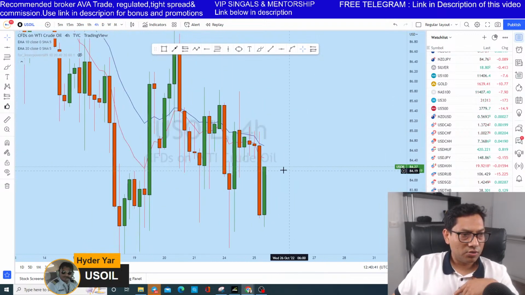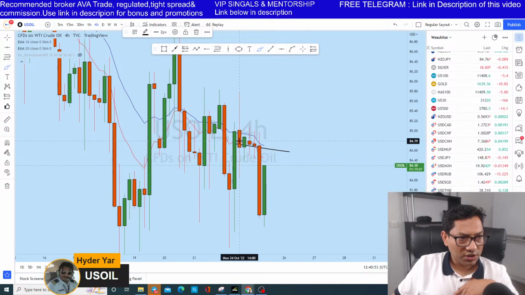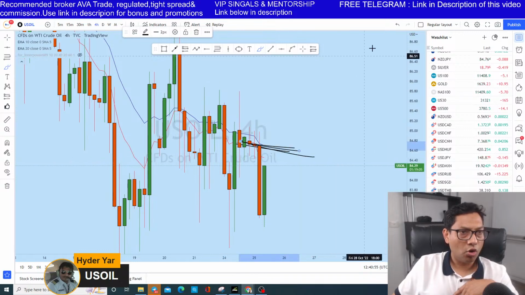If it goes up here and closes somewhere around here, that could give us a selling opportunity. From this doji zone, we could see a rejection on US oil.